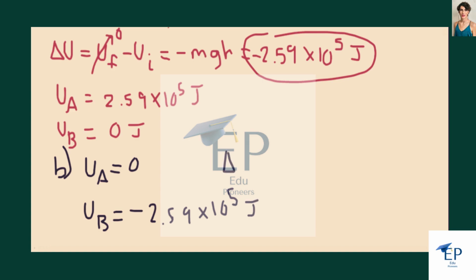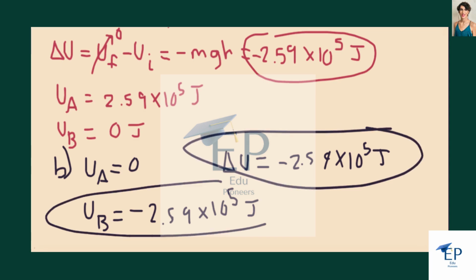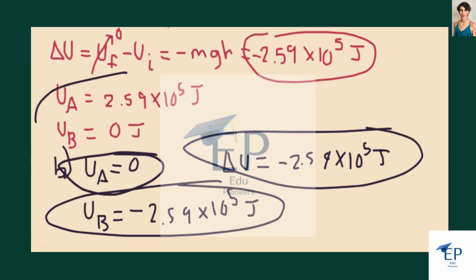And the change in potential energy is still going to be the same thing. B minus A would be negative 2.59 times 10 to the fifth power minus 0, which is still going to be negative 2.59 times 10 to the fifth power joules. These are all answers.